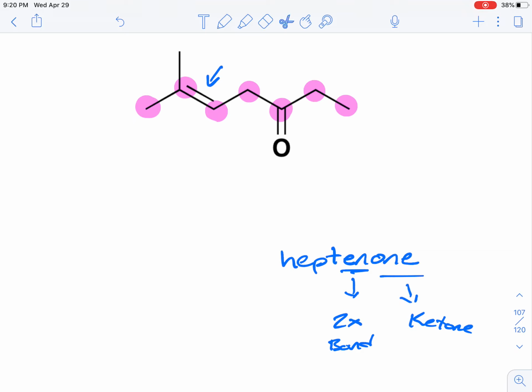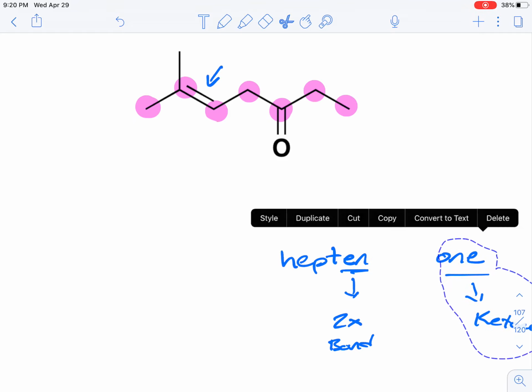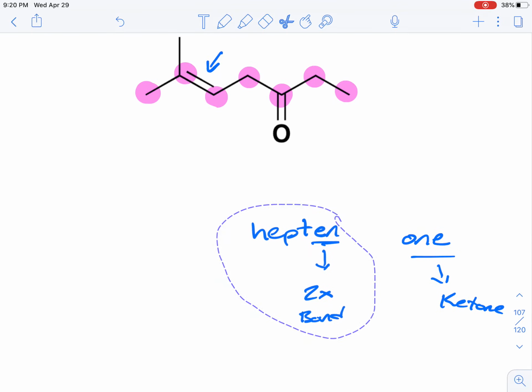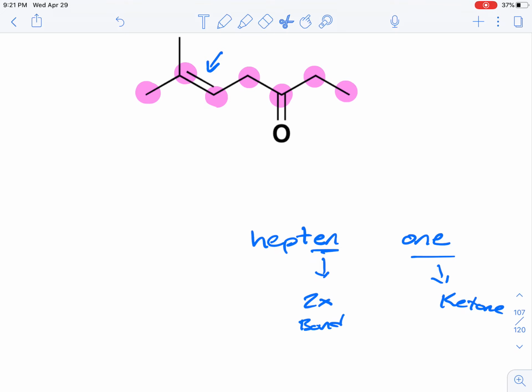And so this is the scenario in which you guys have to communicate to the reader the carbon number of where the double bond starts and where the carbonyl carbon is located. So I'm going to go ahead and scoot this guy over. And when I add a number in front of the name, it's describing once again the position of the double bond.